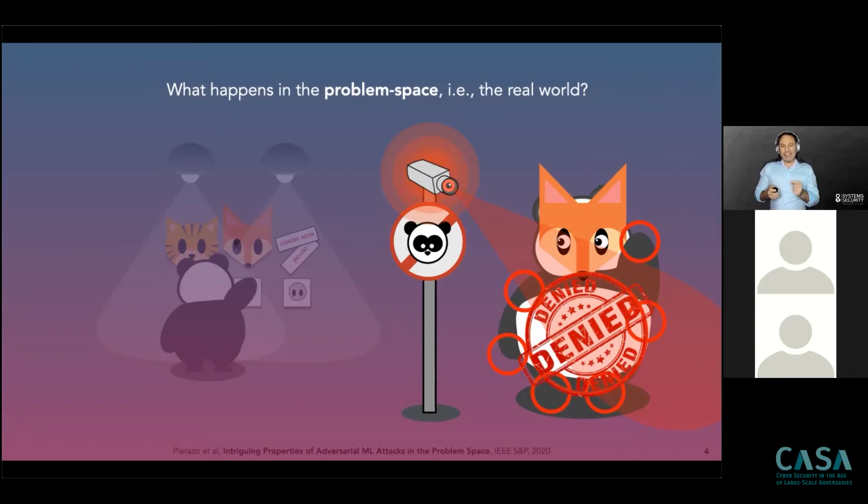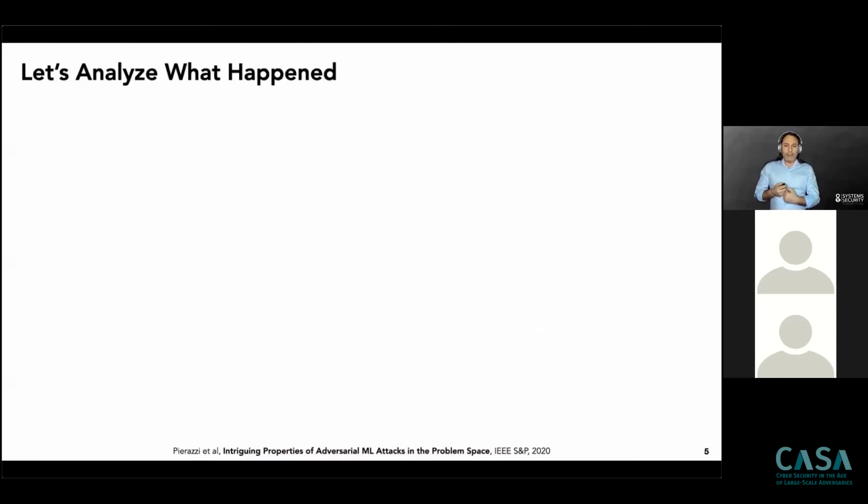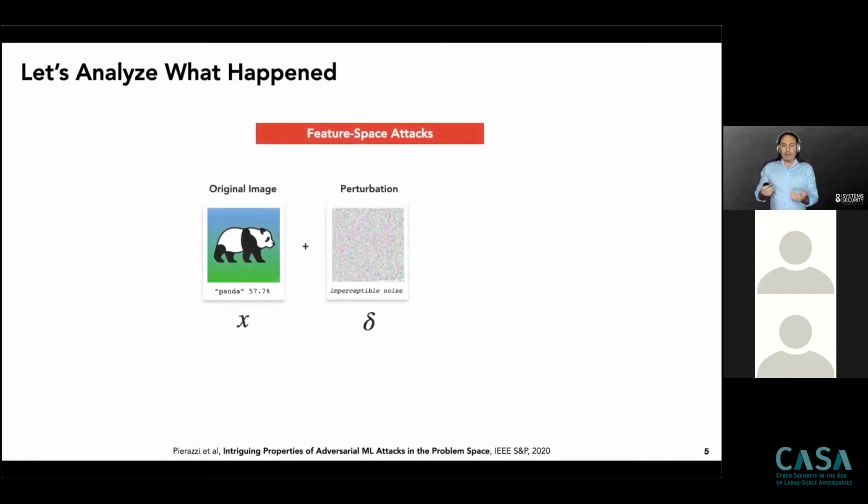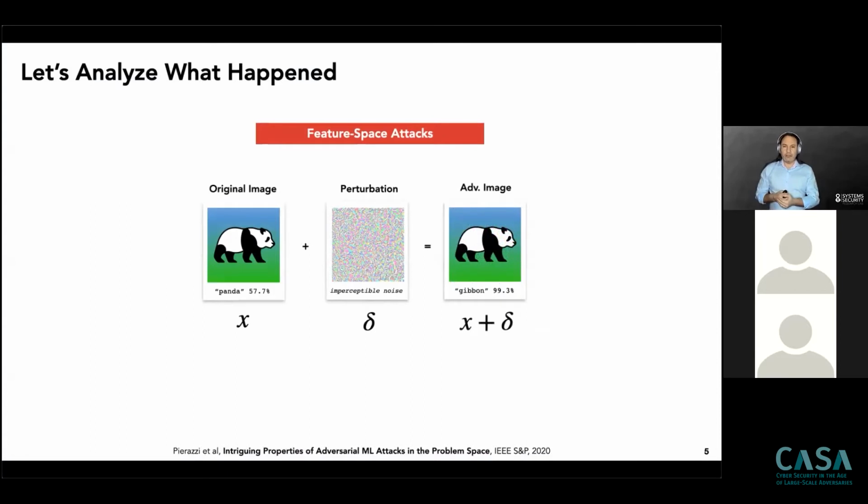So let's try to understand a little bit better what happened. When we reason about adversarial machine learning in the feature space, think about image classification tasks, we start off with an image, like we mentioned earlier, a panda image, to which corresponds a feature vector X. Then we add a perturbation, which is this optimal adversarial noise that, whenever it is added on top of the original image, creates an adversarial image that has a corresponding embedding X plus delta.